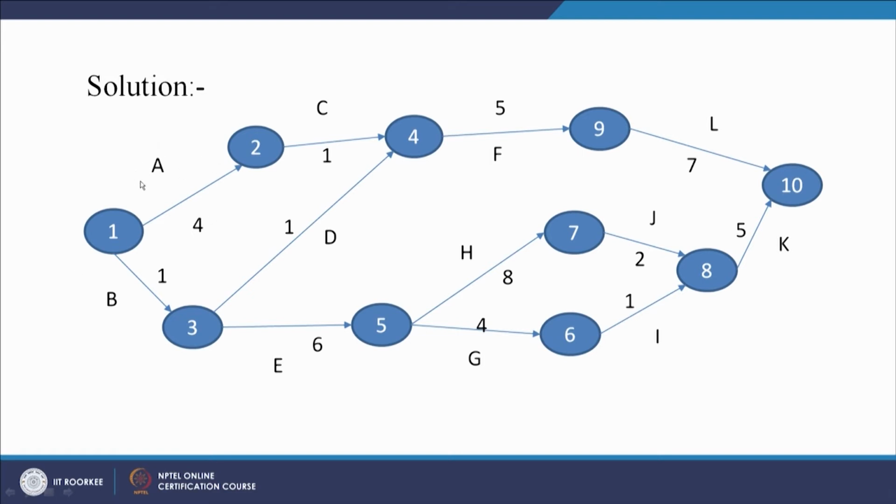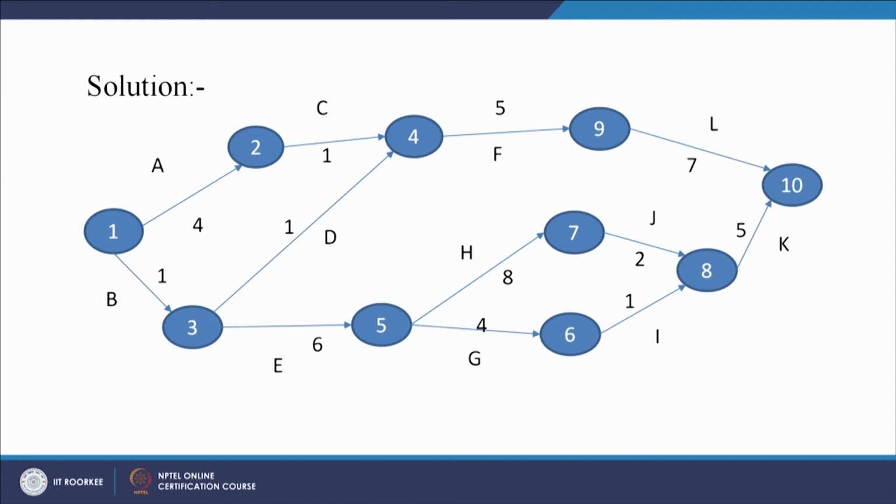The activity is on arrow here. So 1, 2 represents activity A, which will require 4 days to complete. Similarly, activity C will require 1 day, activity B 1 day, activity D 1 day. So B, C, D, all 3 activities will require 1 day.